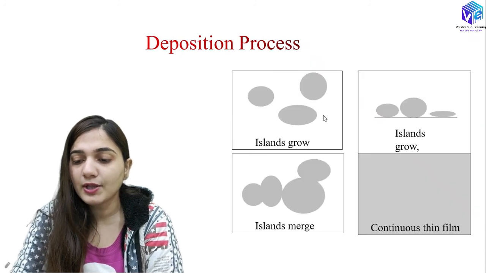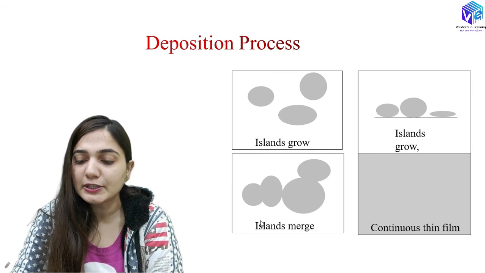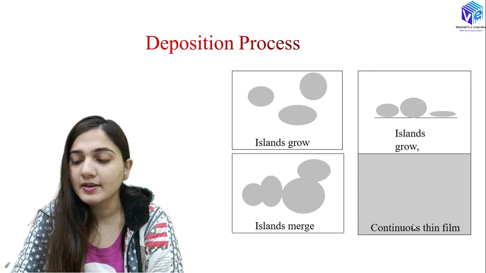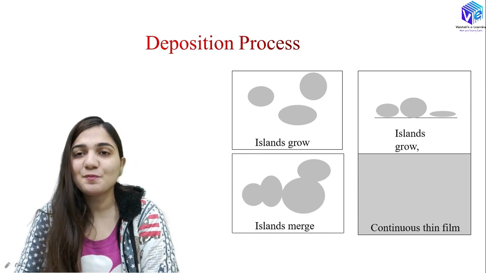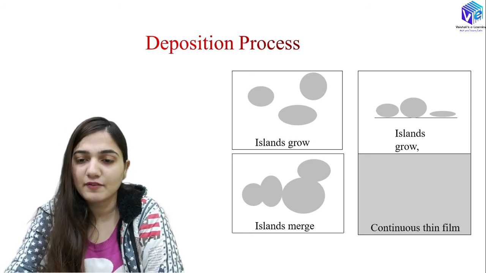So this is how the islands will be growing. You can see these are the various islands that we have. If this process is continuously repeated, the islands are going to merge. All of the islands are going to merge, and after repeating this process for a longer duration, we are going to get a continuous thin film.